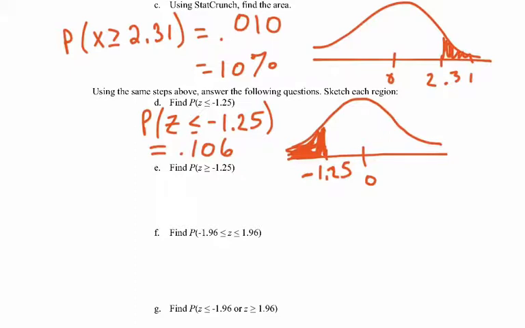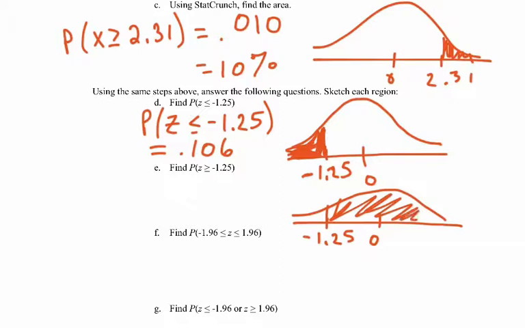Now, part E, it says find the probability that Z is greater than or equal to negative 1.25. I can draw a picture again. It's going to be similar to the picture right above it. So negative 1.25. But the difference is, instead of shading to the left, I'm going to shade to the right. So what you want to think about is, how are the question in E and the question in part D related?